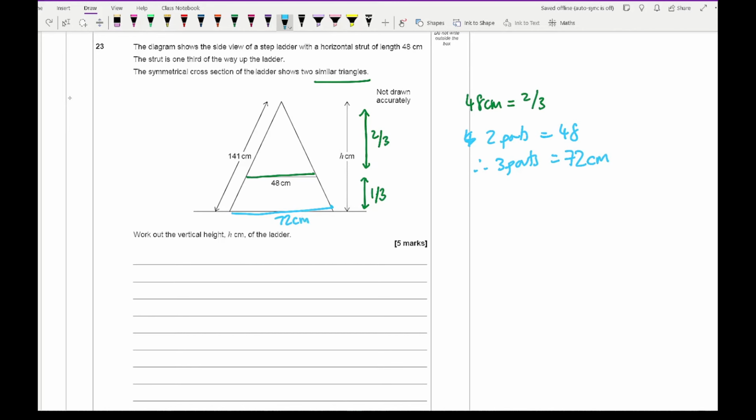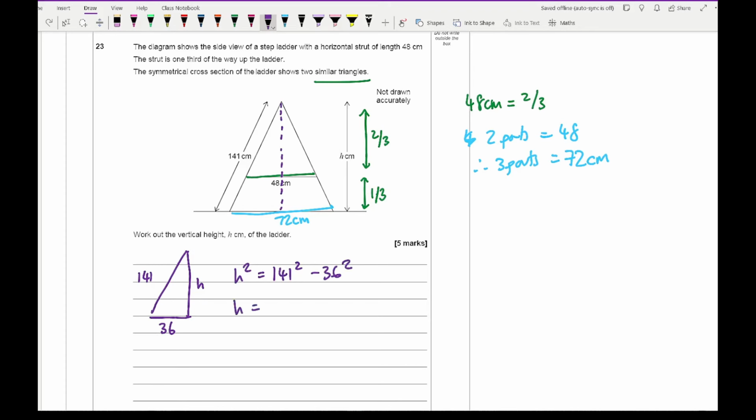Now the next thing we need to do is work out the height of that. Well, if I simply put this into 2, notice that I've got a right angle triangle. So this length here is going to be half of 72, which is 36. This is 141. H is what I'm wanting to find. So using Pythagoras, I've got h squared equals 141 squared minus 36 squared.